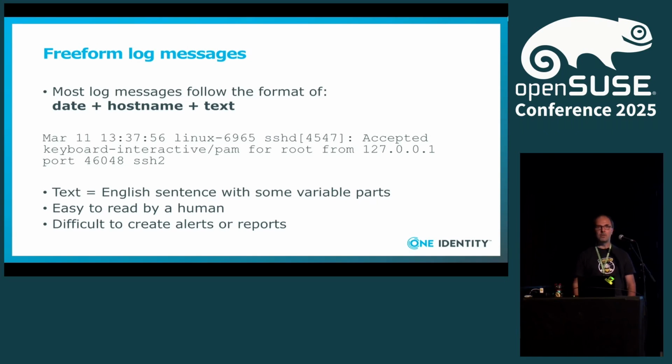If you look at syslog messages or most of the log messages in the journal, it's no difference. You will see that it's a date, a host name, and some text. And the text part is often an almost complete English sentence, with some variable parts in it, which is pretty easy to read by a human, and it was intended to be read by humans.